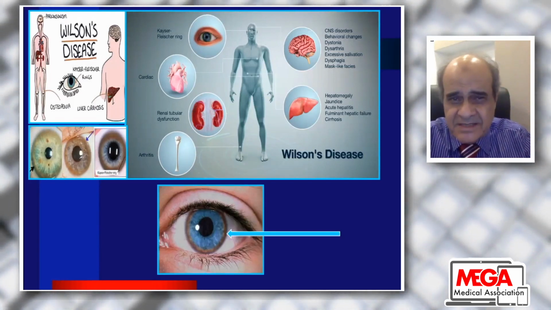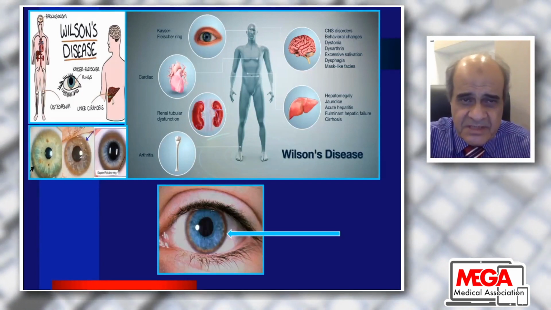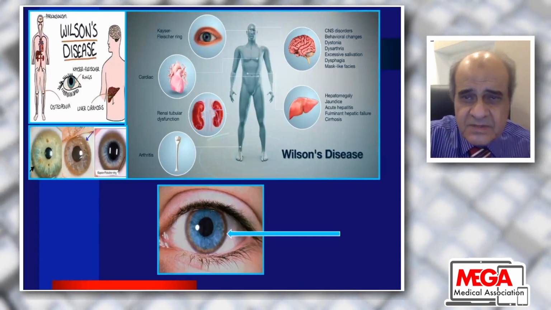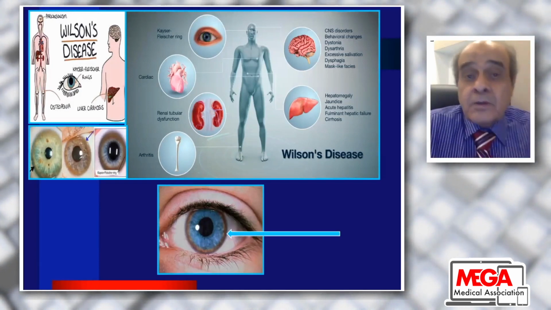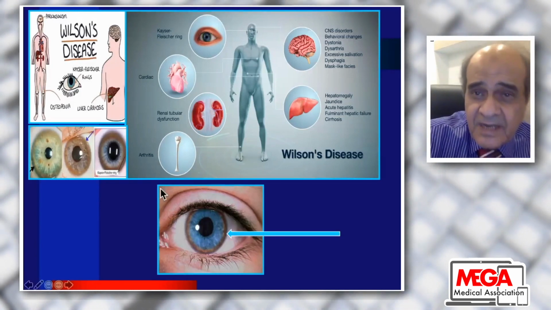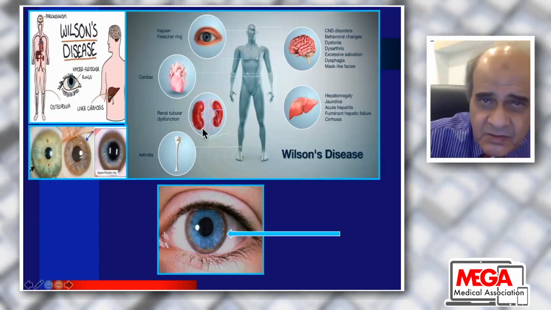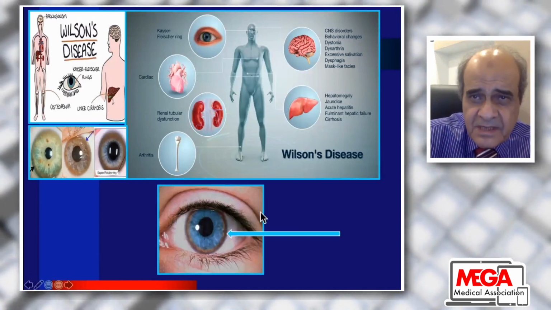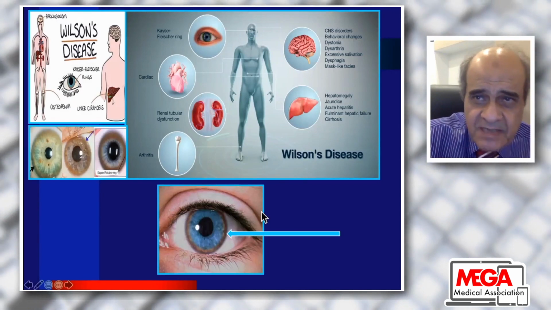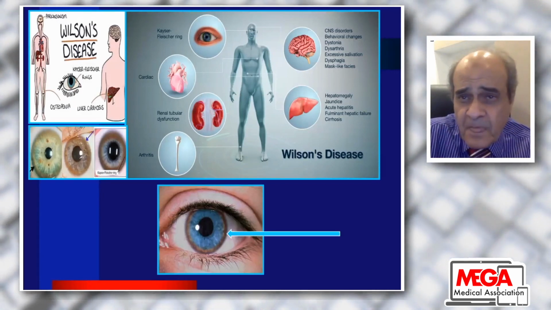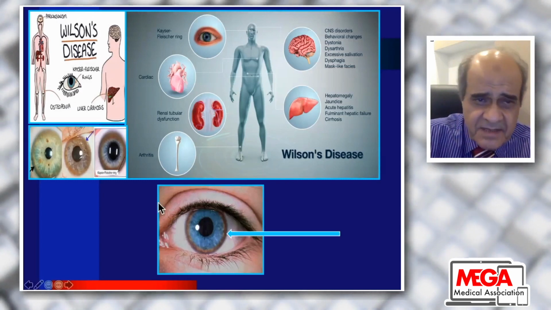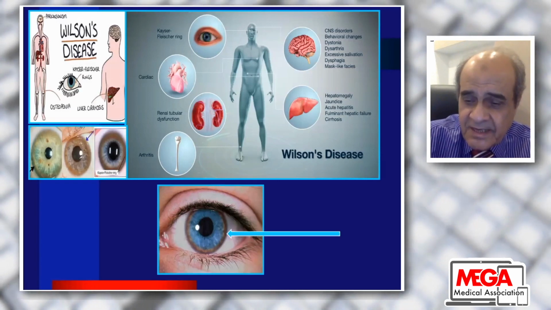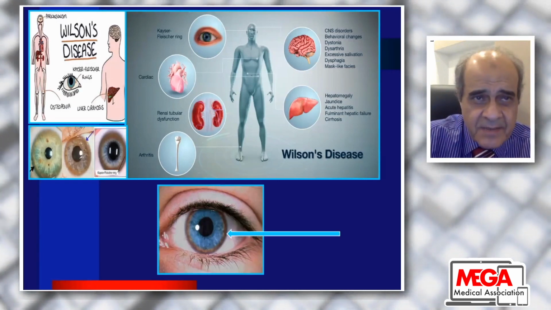This is an inherited disease, and if the patient has this genetic disease, he will suffer from copper deposition all over the tissues of the body, including liver, brain, and kidney, leading to the Kaiser-Fleischer ring, liver problems, and also CNS disorders like dystonia, dysarthria, dysphagia, mask-like face, and many problems related to copper. It is treated, as you know, by penicillamine or chelating agents to decrease the copper level.